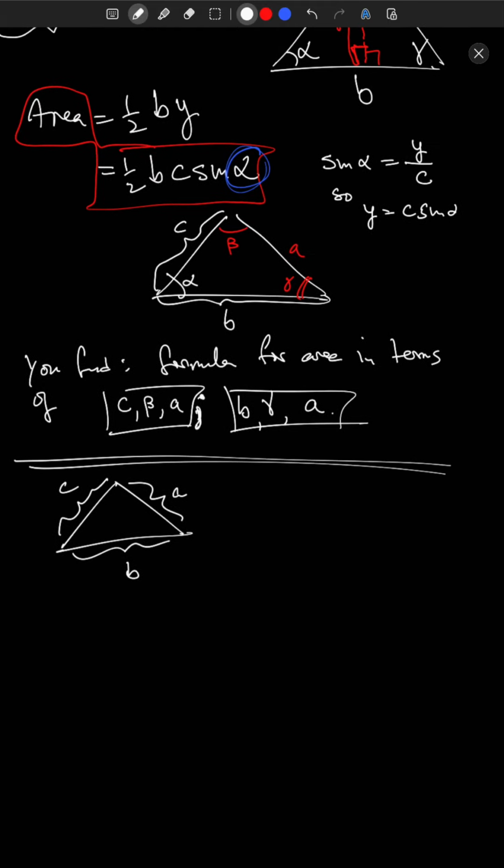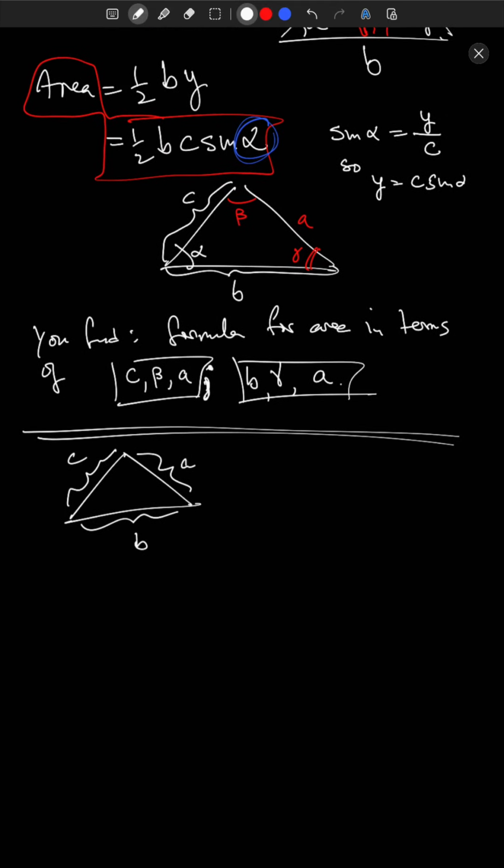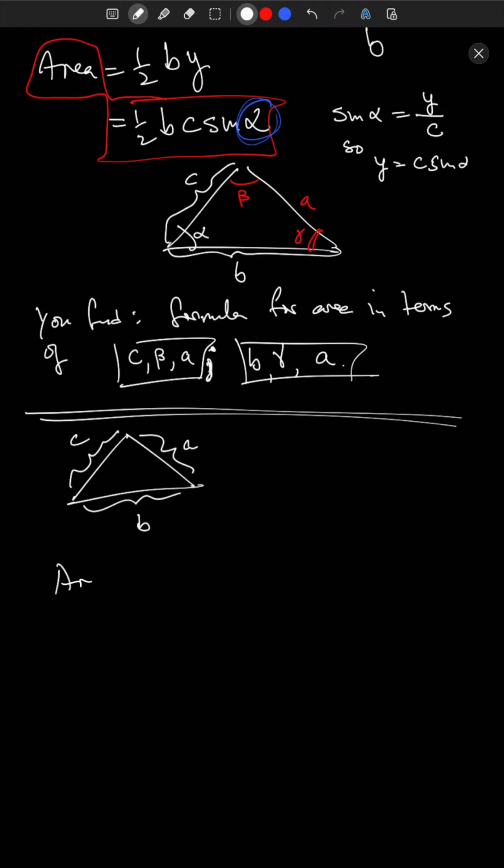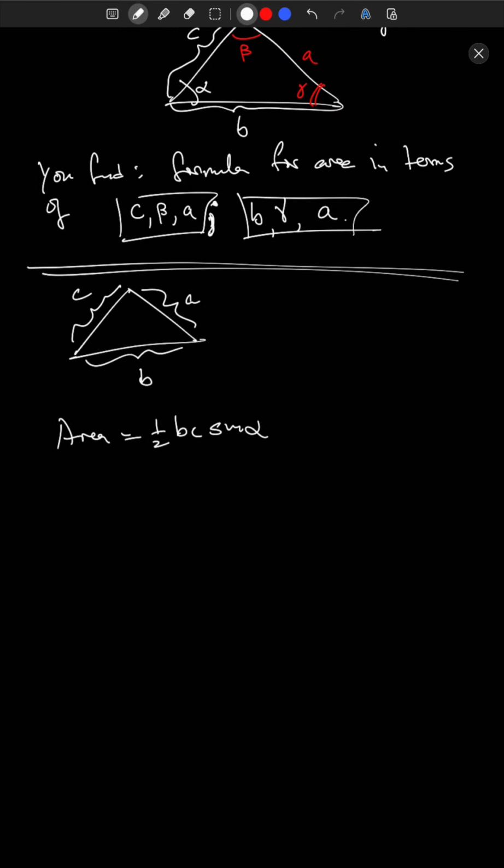And actually, the nice thing is, in terms of the flow of this video, it comes directly from what we just talked about. What we just got was that the area was 1/2 bc sine of alpha. We don't like the sine of alpha. Perhaps we only have a, b, and c, the lengths of our triangle. So how can we get rid of this sine of alpha?